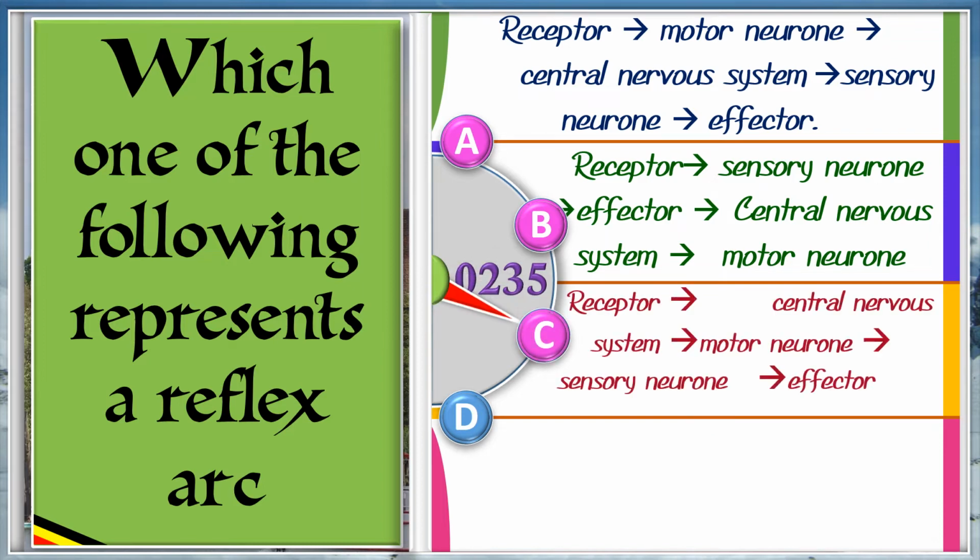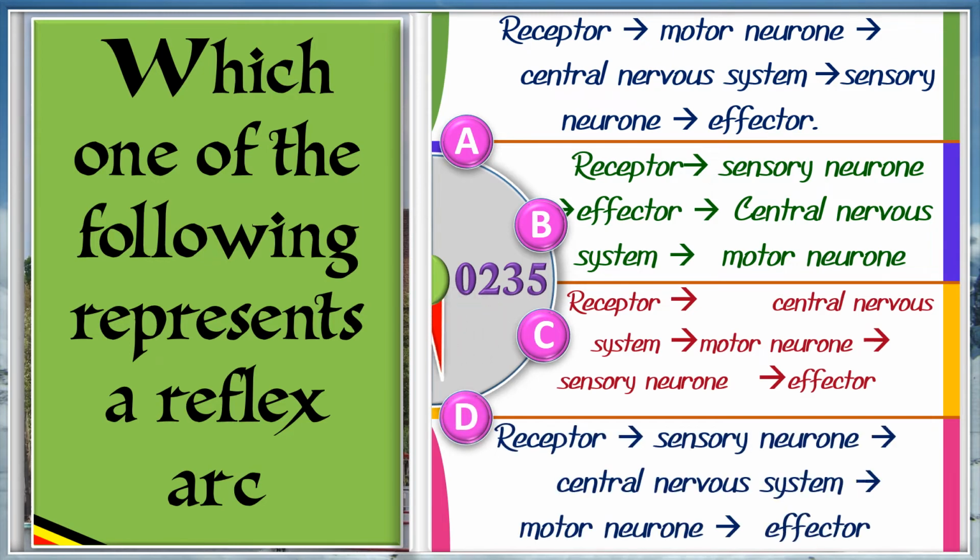C. Receptor, central nervous system, motor neuron, sensory neuron, effectors. D. Receptor, sensory neuron, central nervous system, motor neuron, effector. And the answer is D. Receptor, sensory neuron, central nervous system, motor neuron, and effector.